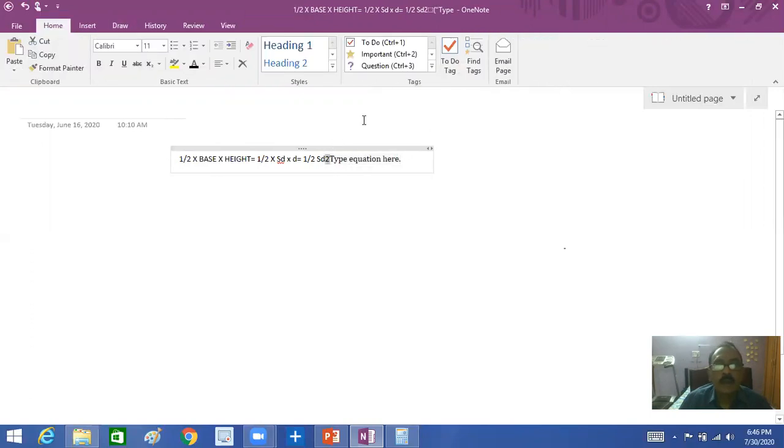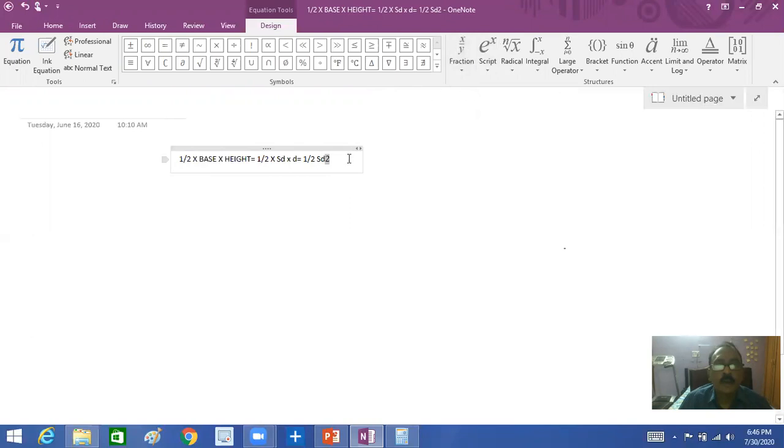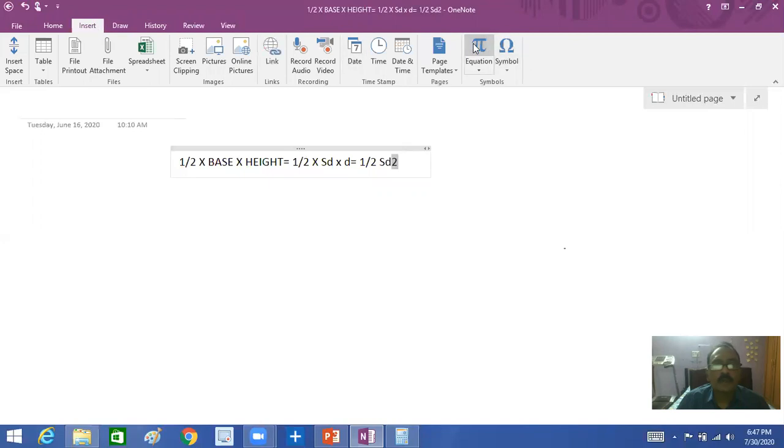Here in this equation, if you increase the size, the base has to be squared.